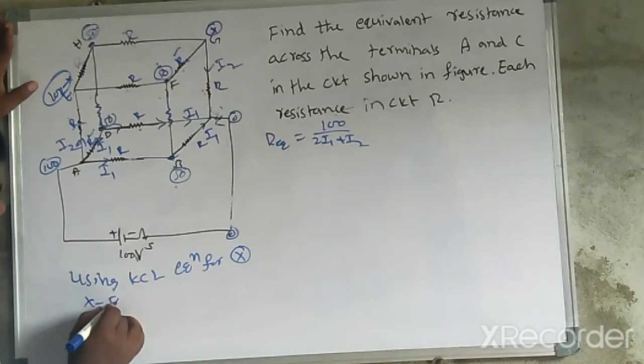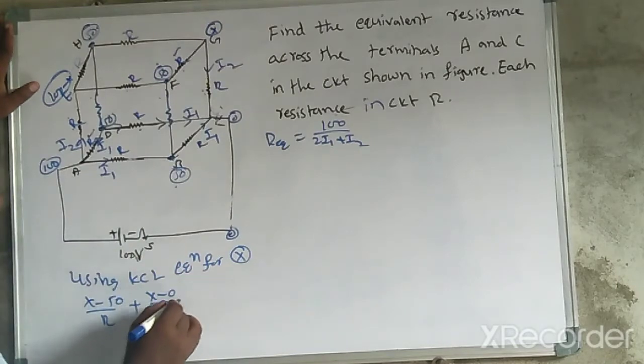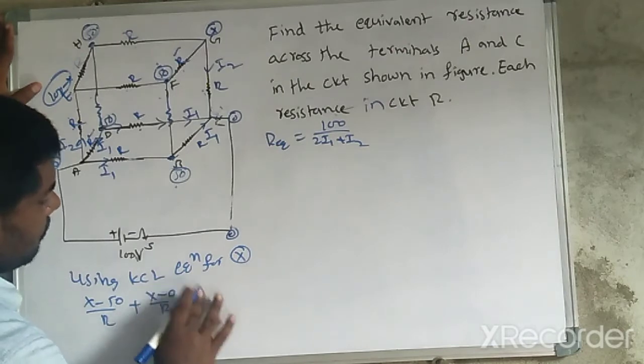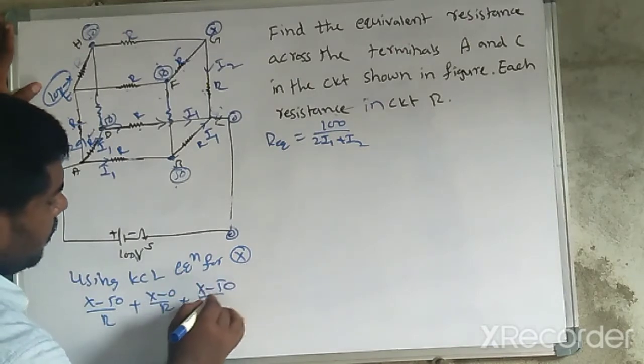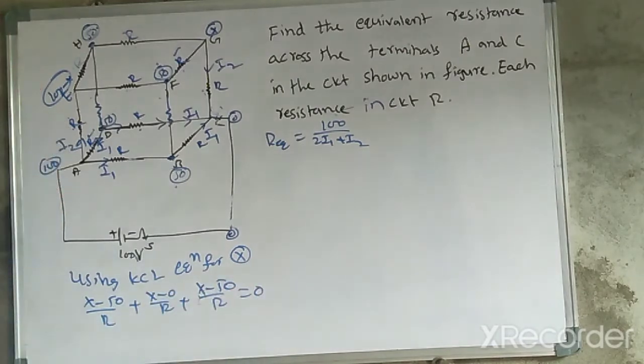(x − 50)/r + (x − 0)/r + (x − 50)/r = 0. Here you may take out r and identify the final value.